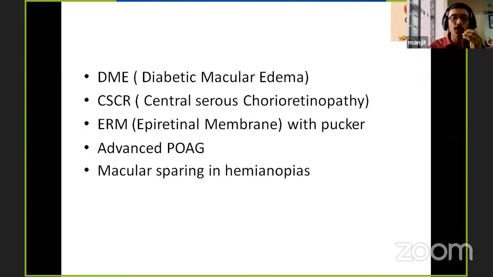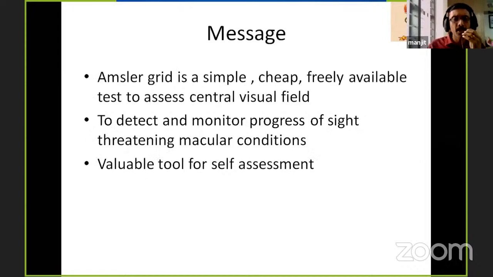It is also useful in finding out if a patient has macular sparing in hemianopias. So the Amsler grid is a simple clinical perimetric method. It is cheap and freely available to assess the central visual field. It is easy to detect and monitor progress of sight-threatening macular conditions with this simple test, and it is a valuable tool for self-assessment.